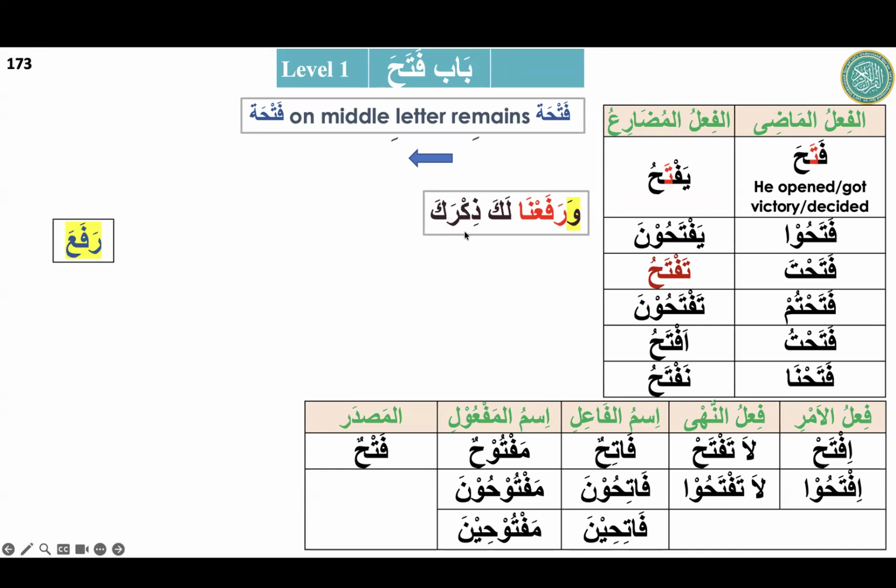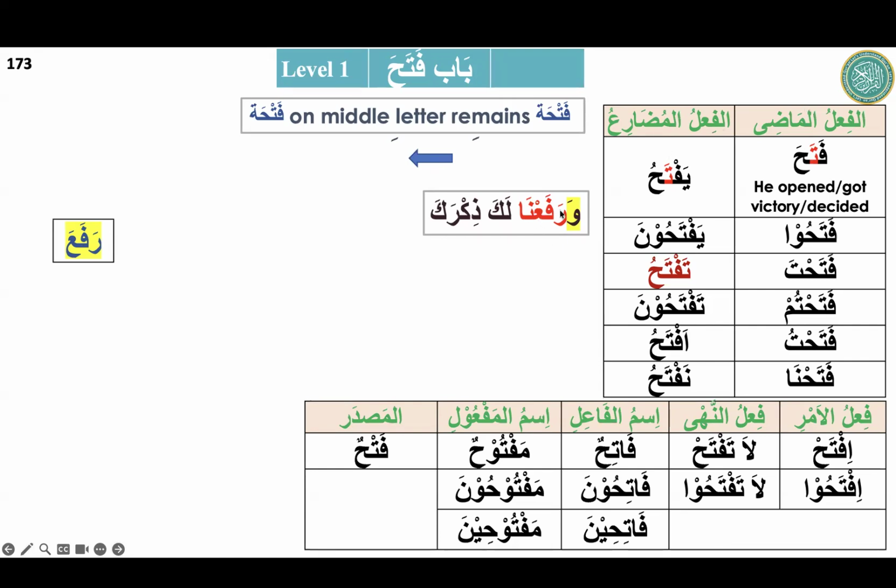Ka means your, from the attached pronouns. If I tell you the meaning of zikr, then you can translate the total meaning of zikraka. Zikr means remembrance. No need to memorize right now, but it will come again and again. When we do zikr, we are remembering Allah. Zikr is remembrance, zikraka is your remembrance. So wa is a common word, laka we should know, and ka we should be expert in.